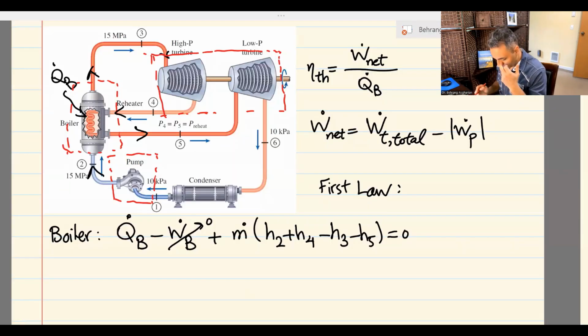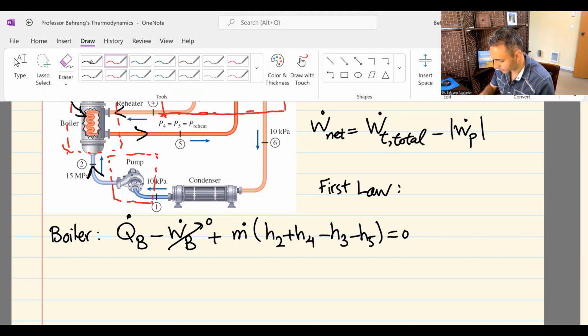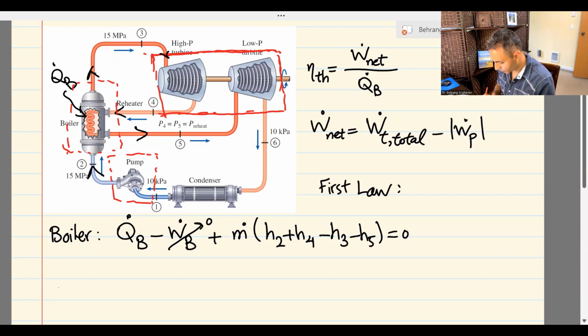Now let's do the turbine. This is the system that I picked using red color. So I have to look at how many streams are crossing the boundaries of the system that I picked. For the turbines, I'm going to write turbines in this case because we have not only 1 turbine, we have 2.